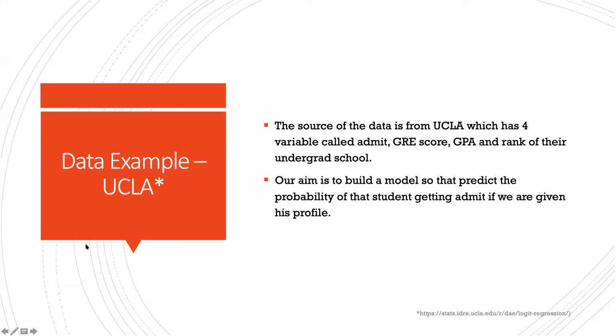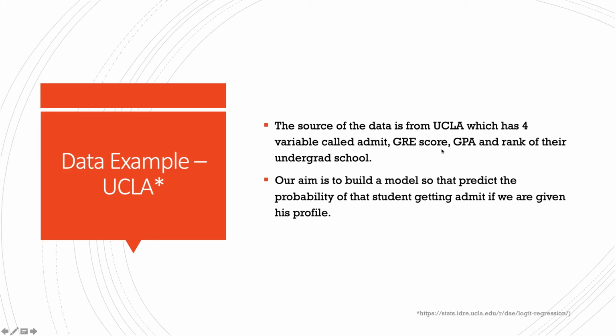And there's one example, which comes from the University of California, LA. They took data which has 4 variables: admit, GRE score, GPA, and the rank of the students' undergrad school. By looking at these variables, they are trying to find whether the student was admitted to that school or not.